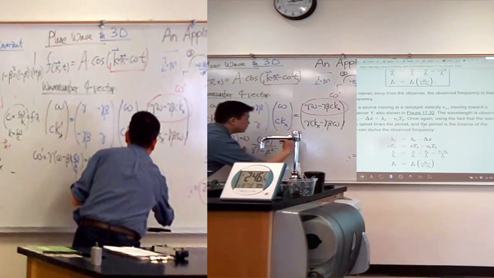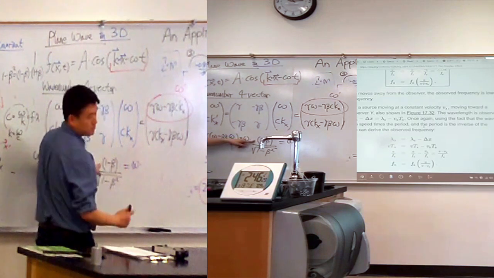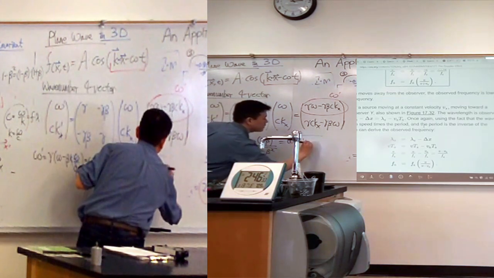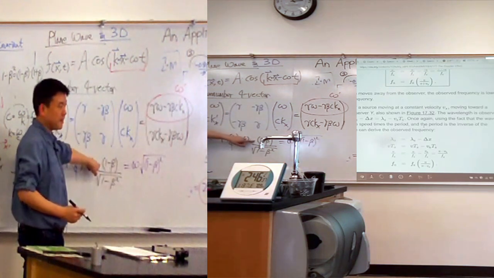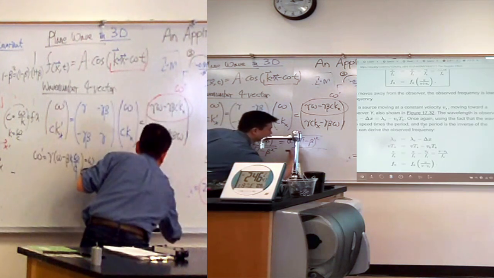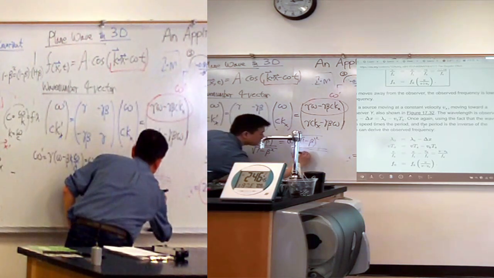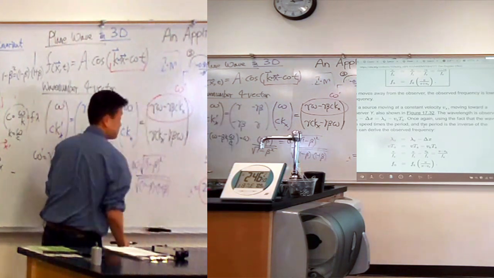So when I do that, I get omega times 1 minus beta. Let me rewrite it in a strange way: the square root of 1 minus beta squared. That's still fine, right? I haven't done anything wrong yet. Okay, divided by the square root of this factorization, 1 minus beta times 1 plus beta.